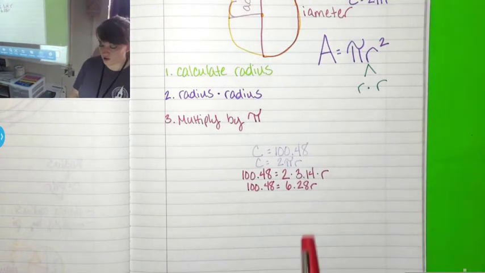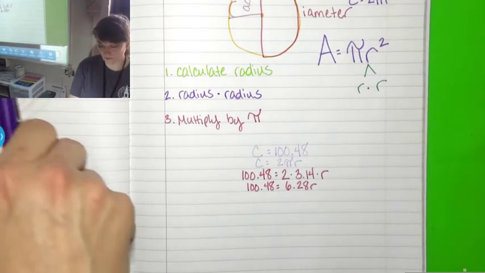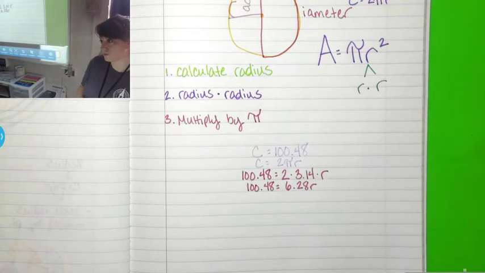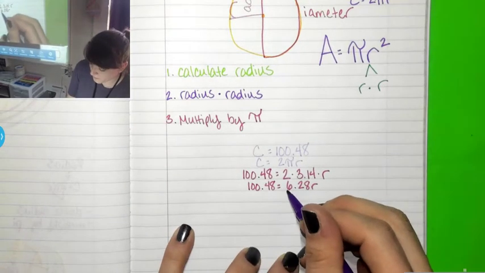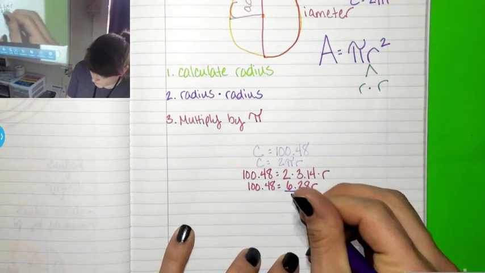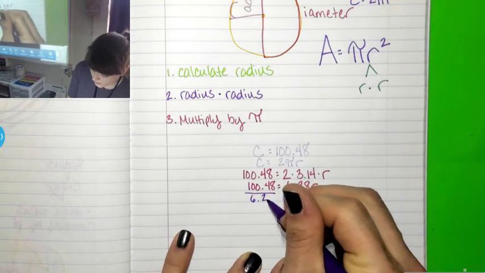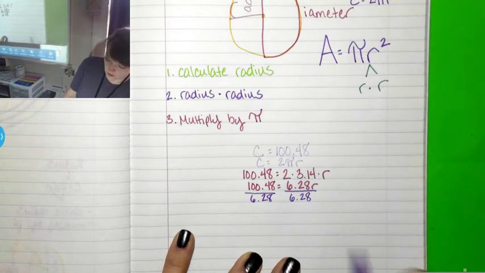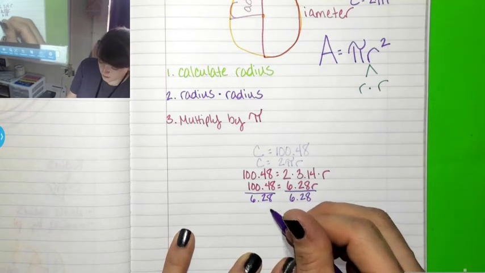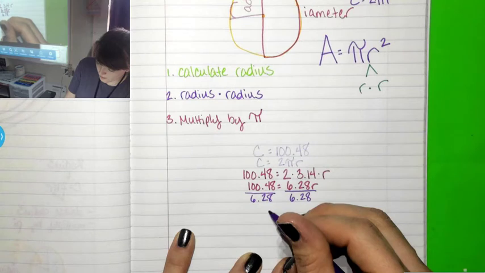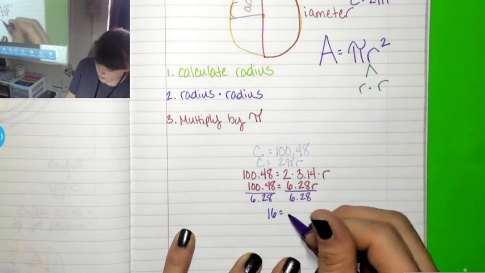Now, how do I undo this equation? By dividing by 6.28. I'm not going to make you actually do that. I'll tell you, it's 16. So this tells me that radius is 16.